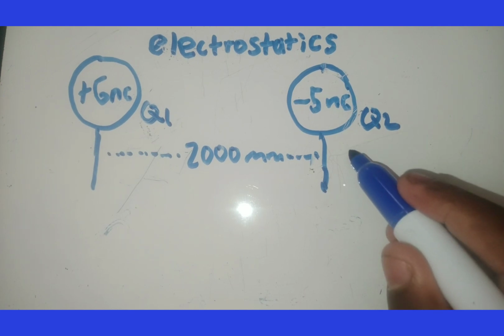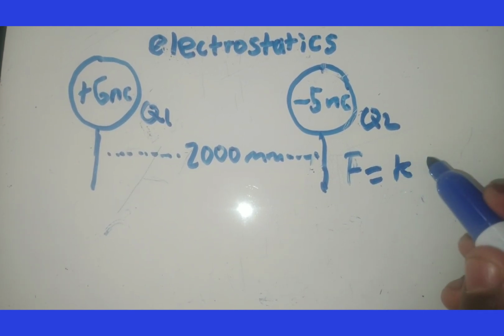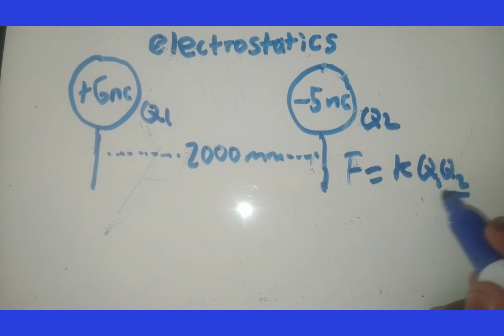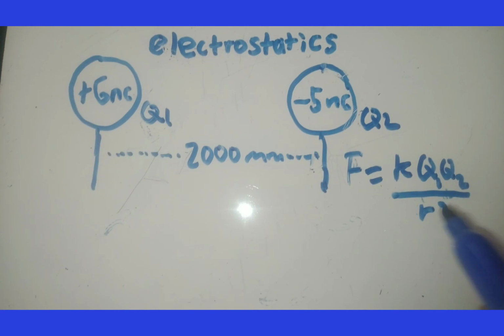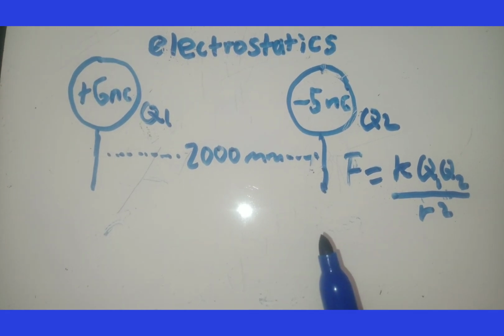We use Coulomb's law, which states that electrostatic force is equal to Coulomb's constant times the product of their charges, Q1 times Q2, over R squared, right? So the electrostatic force is equal to this. Whenever we want to calculate the electrostatic force experienced by each of them, we use this.